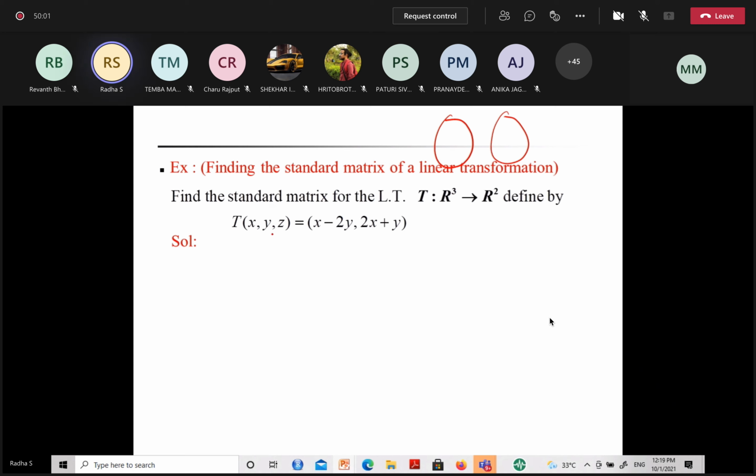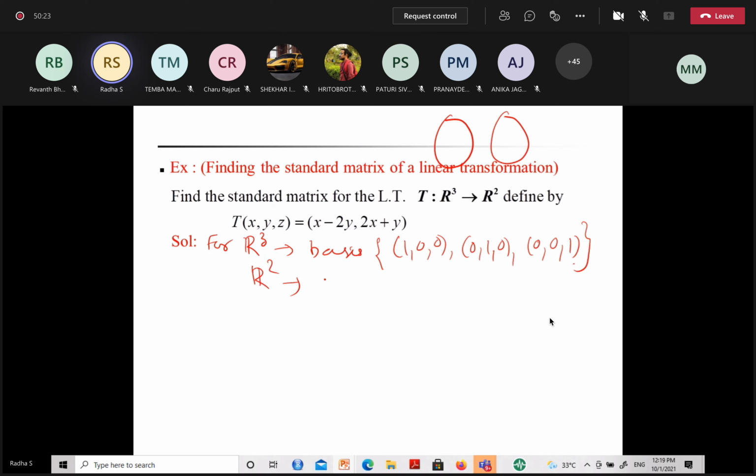Check. Are you trying this? Please try this. A plus B whole square is what? A square plus B square plus AB plus BA. Correct?